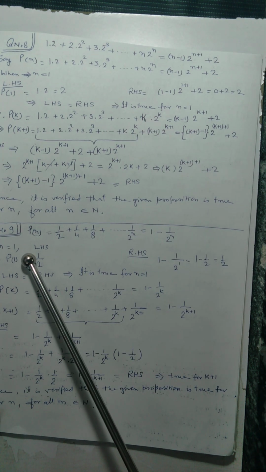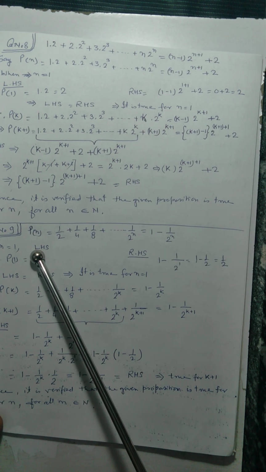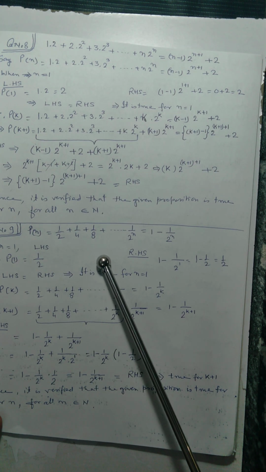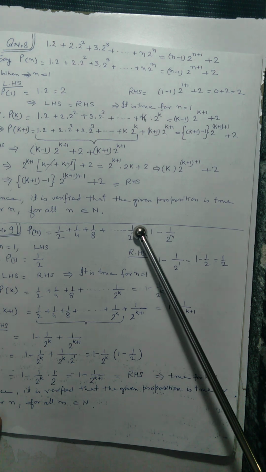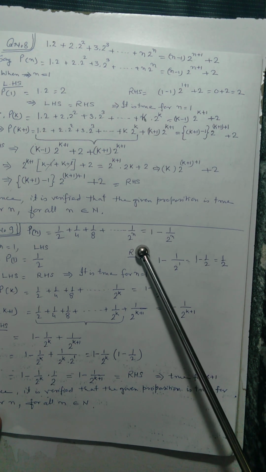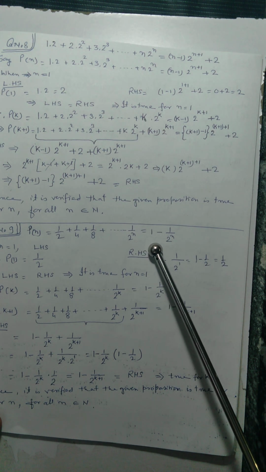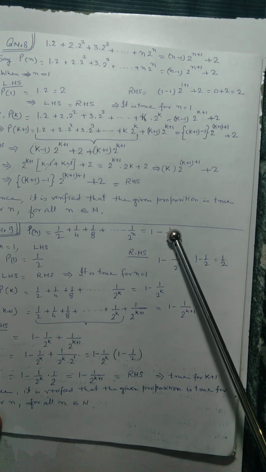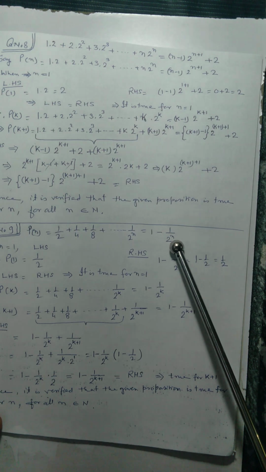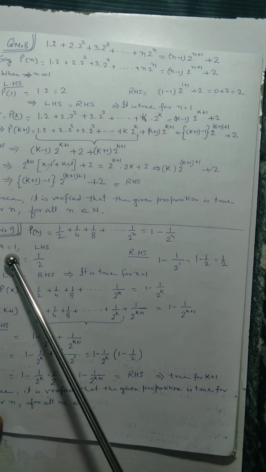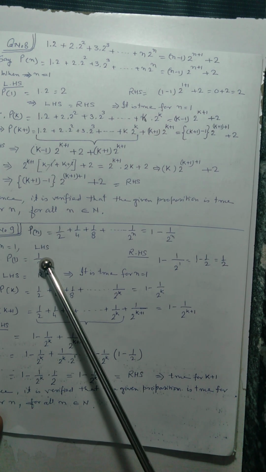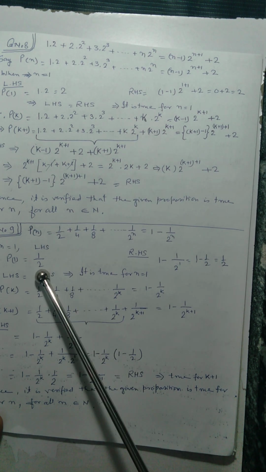Now come to question number 9. Here the proposition is given: 1 by 2 plus 1 by 4 plus 1 by 8 plus dash dash 1 by 2 to the power n is equal to 1 minus 1 upon 2 to the power n. Now substitute n is equal to 1 on the left hand side, so we will get 1 by 2.